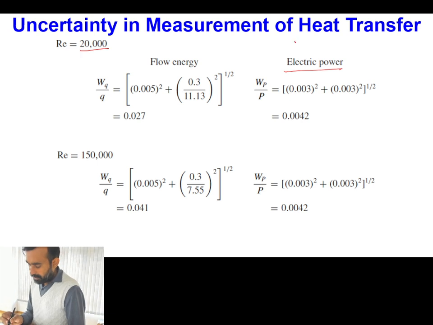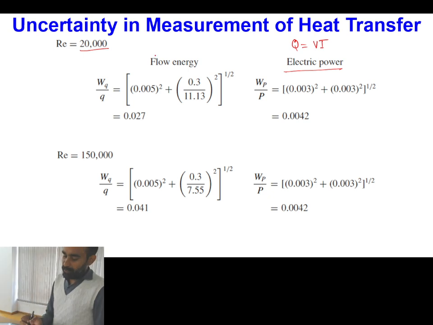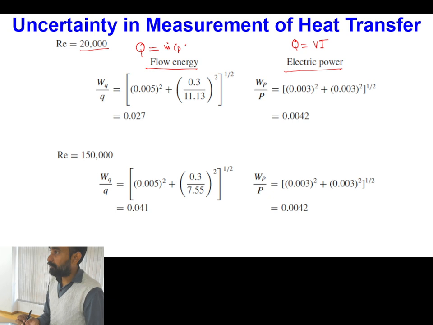If I calculate Q is equal to V into I. And one is power using flow energy. What is the meaning of flow energy? If I calculate Q is equal to m dot Cp into T out minus T in.